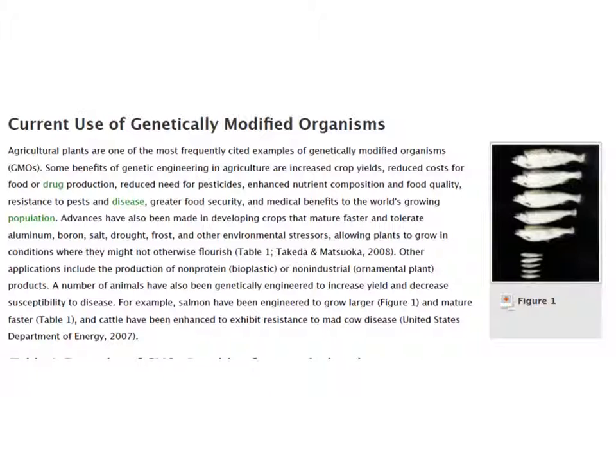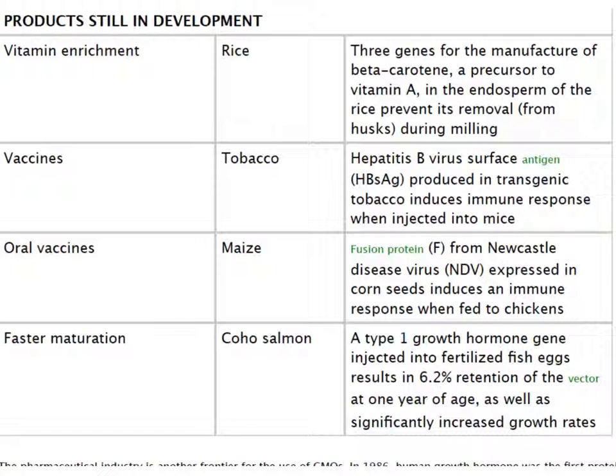So let's go back to table 1 because that first section didn't show the example of salmon. So this is under the section in table 1, products still in development. And so it's faster maturation. And if you look at the coho salmon example, it says a type 1 growth hormone gene is injected into fertilized fish eggs.